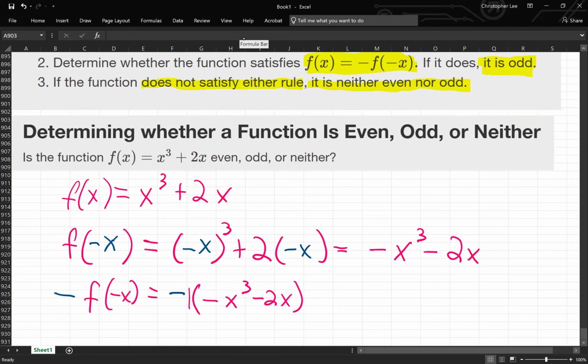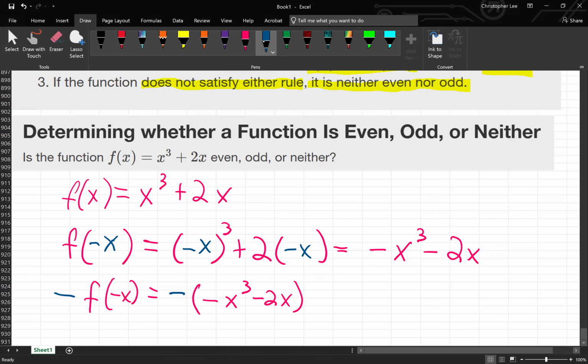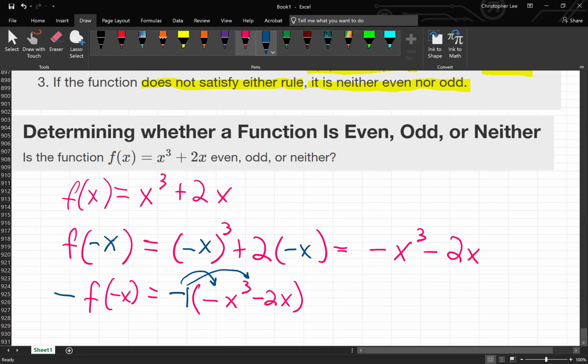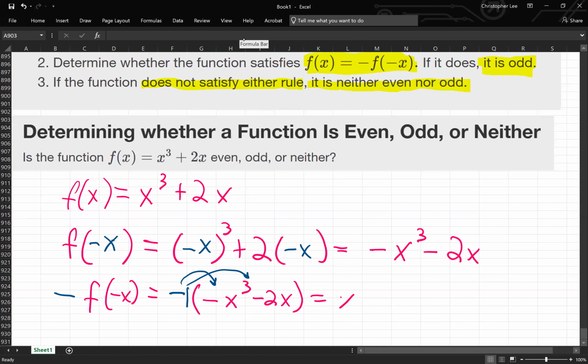Right, like -1. I'm just distributing this. That's all I'm doing, right? And now when I'm done distributing this, this becomes x cubed plus 2x.